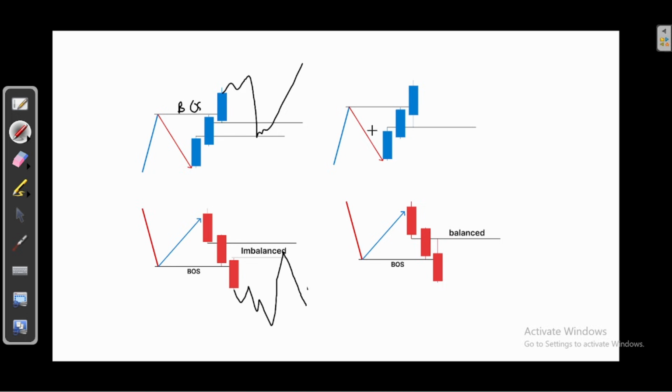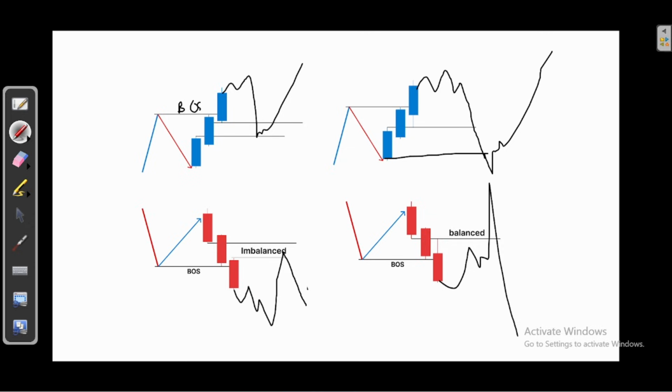But this is a breakout and there is no imbalance here. There's a high tendency that this price will come back and sweep this level before pushing up. So just have this knowledge that most of the time where there is balance before a breakout, there's a high tendency that there will be a liquidity sweep coming back to form around these regions.